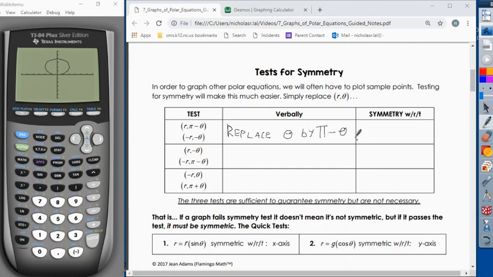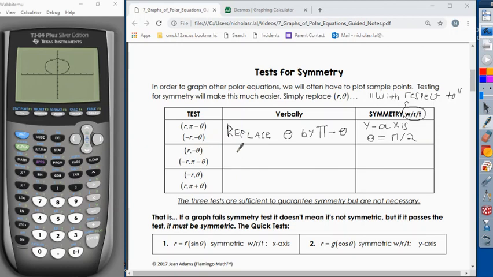There's symmetry with respect to the y-axis, otherwise called the line theta equals pi over 2.